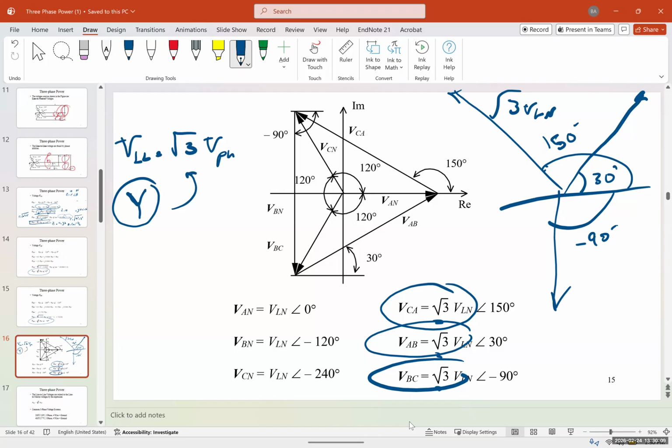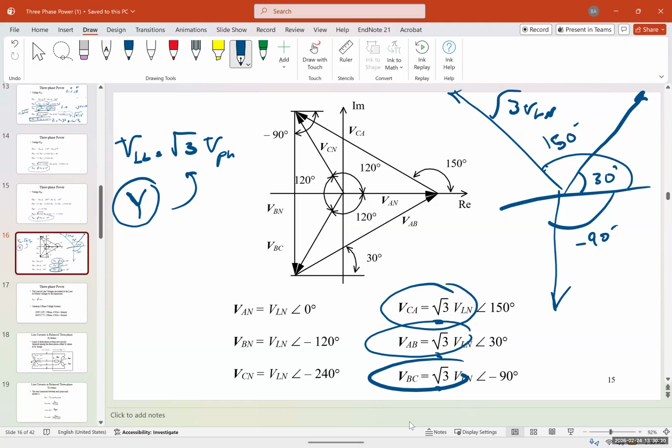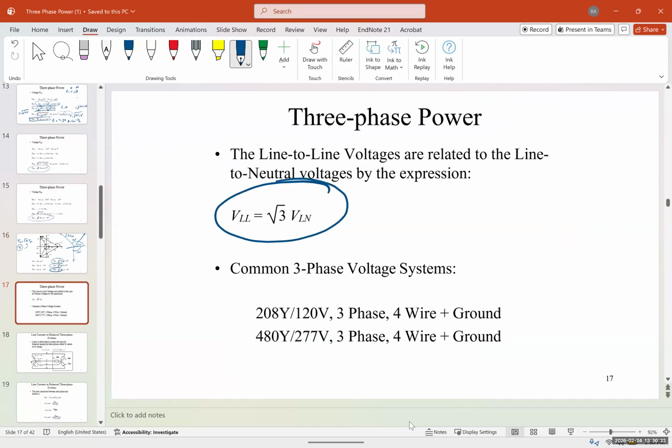V line is equal to square root of 3 V phase. Or V line is equal to square root of 3 V phase neutral or line neutral. And this is how we show it. And again, sometimes we show it like this. V line is equal to square root of 3 V phase.